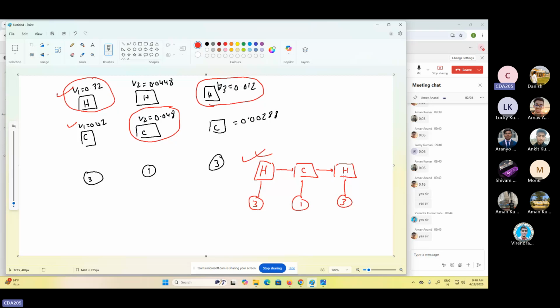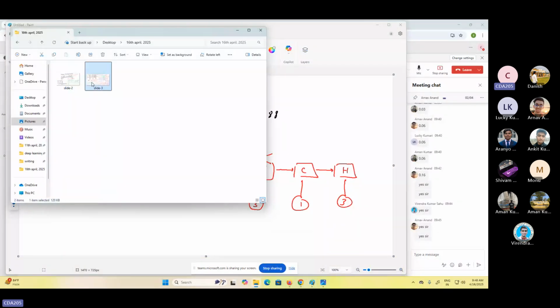Understood, everyone? Have you understood or not? So again, I am opening that slide. You can go through it and revise it.